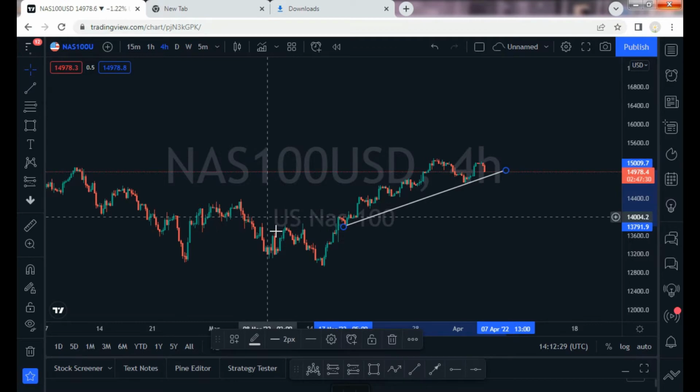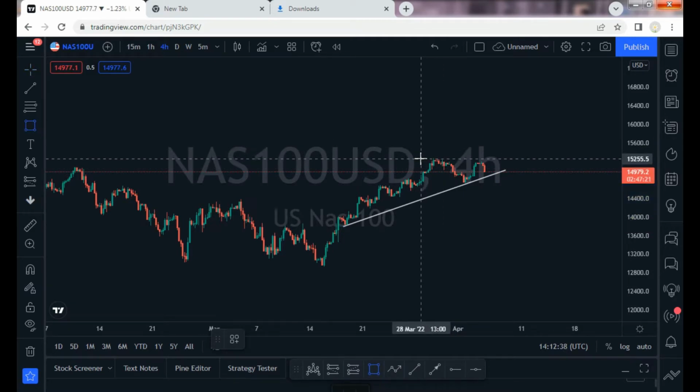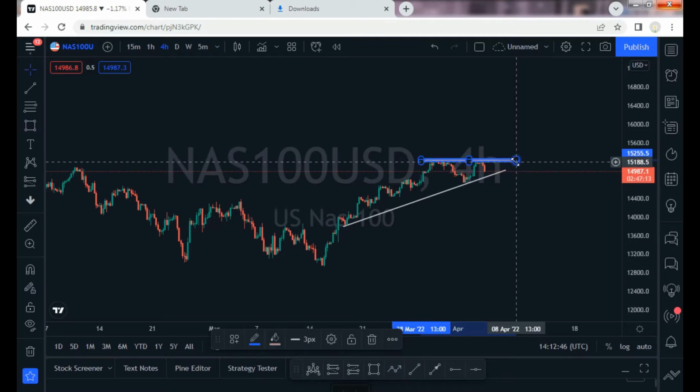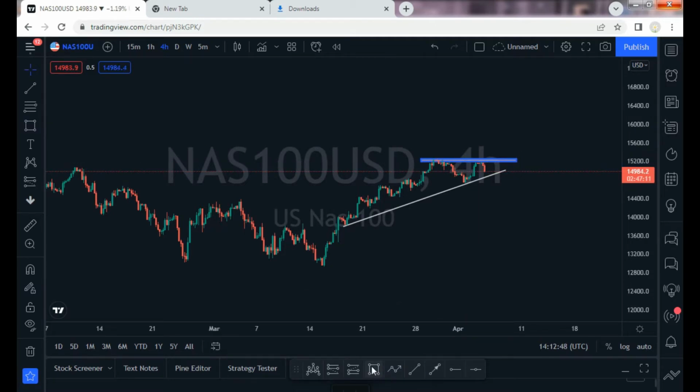I'll take my rectangle tool to get my support and resistance. This is a strong resistance zone. As you can all see, this is a strong resistance zone. We'll just leave it at this. This is a strong support zone over here.